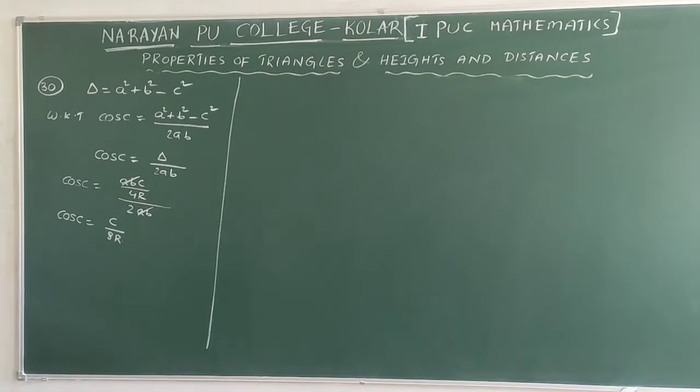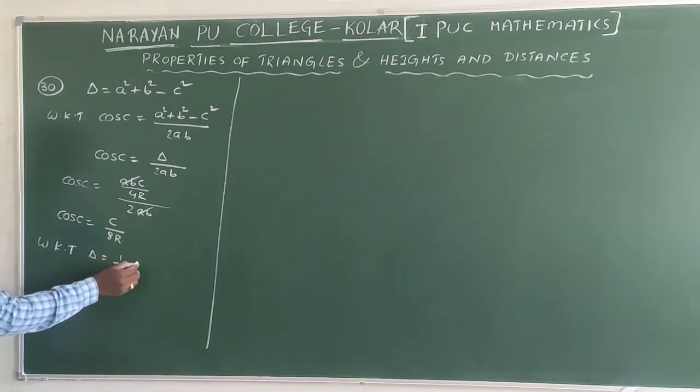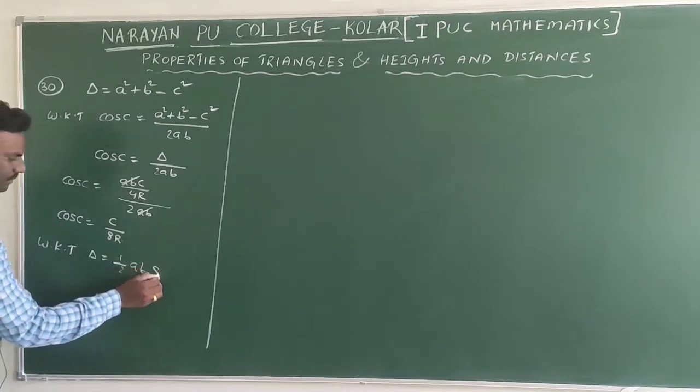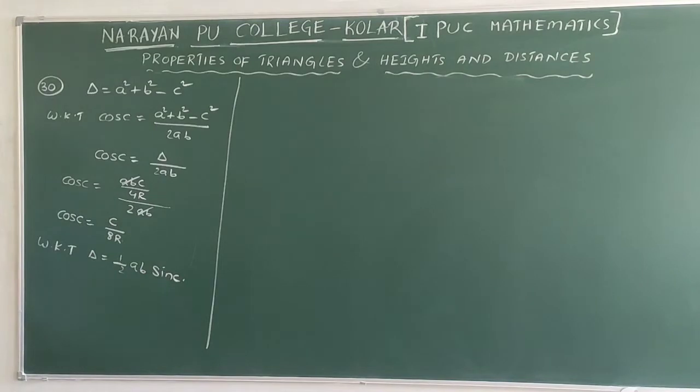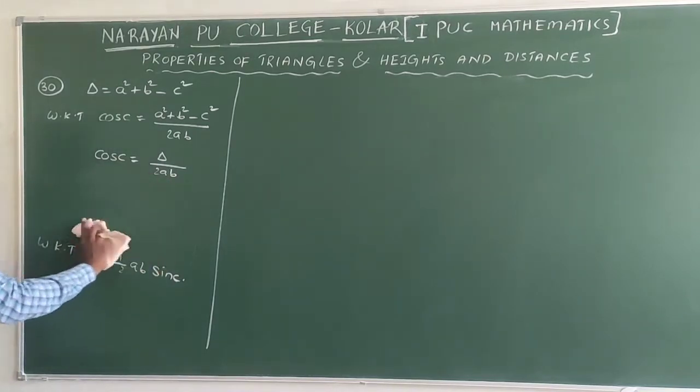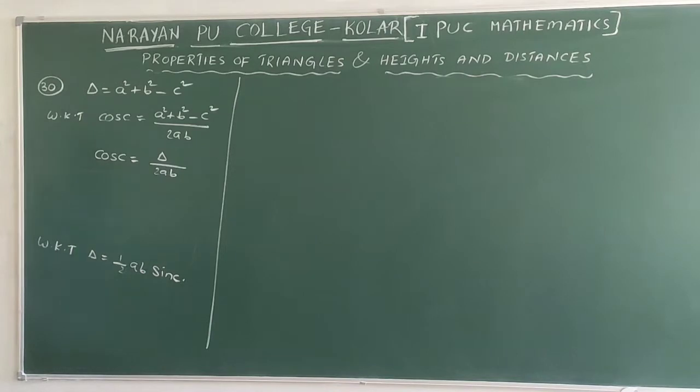We know that delta equals half ab sin C. Instead of writing it like this, I can write the value of ab.